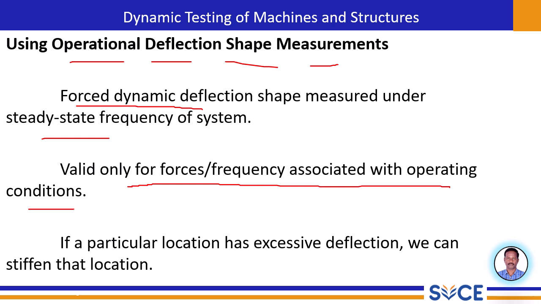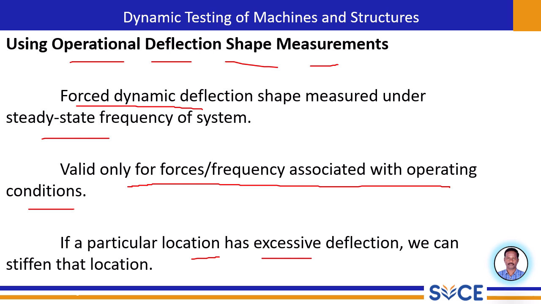The third thing is, if a particular location shows excessive deflection, the ODS data can help us identify the weak point. By visualizing the overall deformation pattern, we can pinpoint areas that are moving too much relative to other parts of the structure. This information can then guide us towards potential solutions, such as stiffening that particular location.